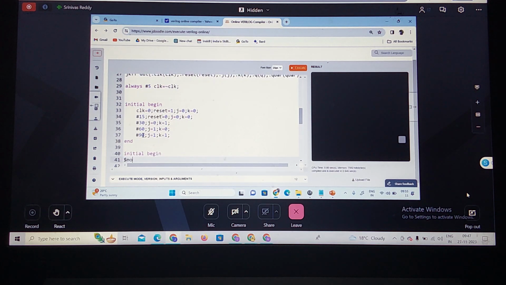For what? Monitor this. Dollar symbol monitor of what I want to monitor. Time, correct? Then tab space. What do I need to monitor?